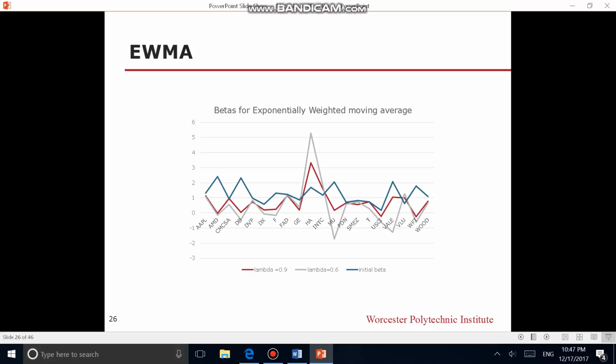From the graph, we can see the lambda of 0.6 has large volatility, and if we choose lambda equals 0.9, we will get betas similar to the initial beta. That means if we consider more information from the past, like we use a smaller lambda, we will have betas more volatile.